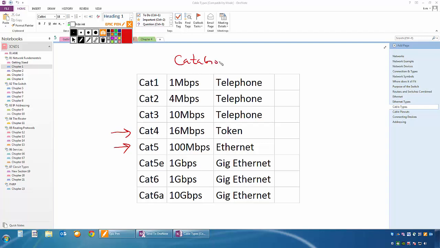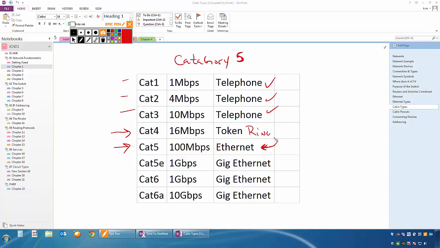So if I have a category of 5, that means this is the minimum cable that I need in order to run Ethernet successfully. And you can see I have Cat 1, 2, 3, and they're all for telephone. So it wouldn't be a smart idea to take Ethernet and try to run it over a telephone wire. You might not get guaranteed delivery. You might not get good communication. You might find yourself having all types of weird issues.